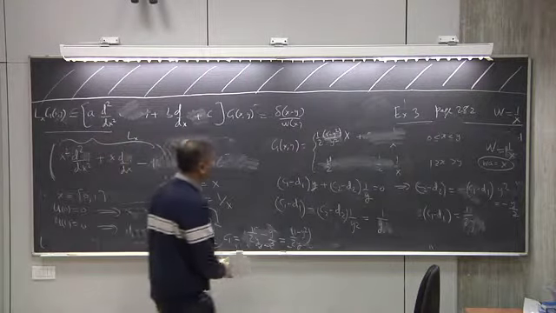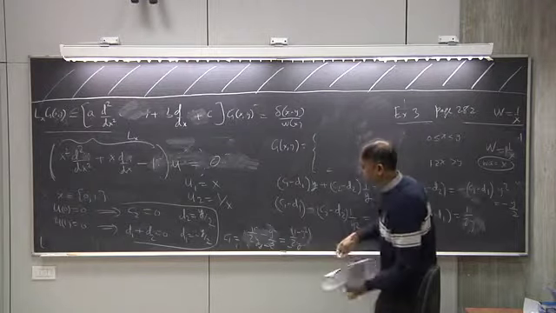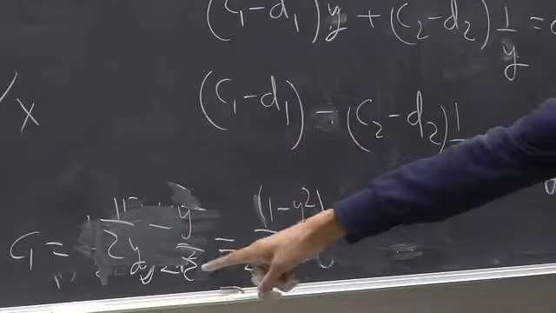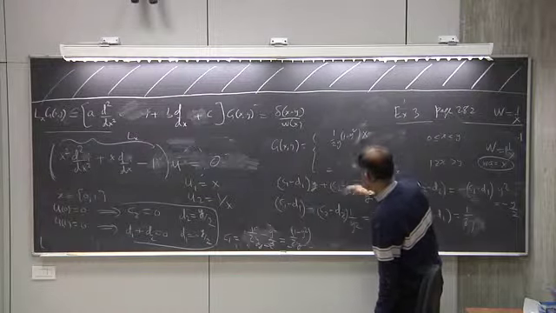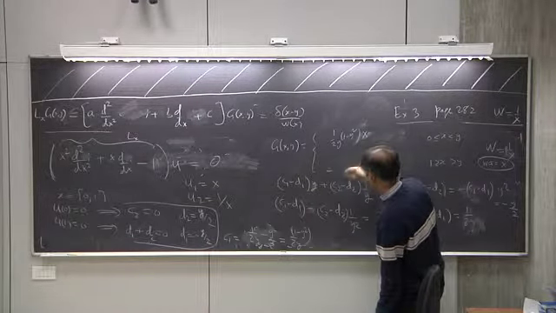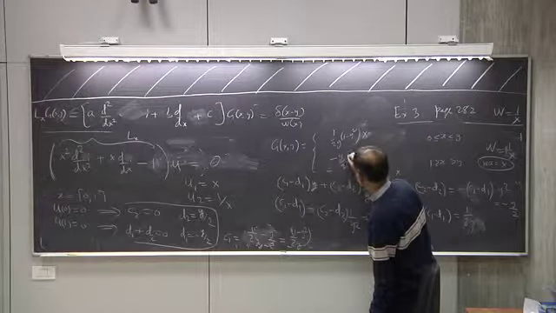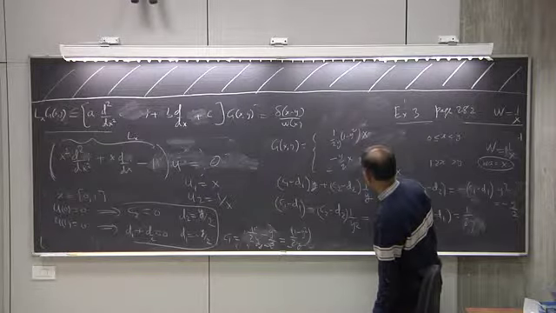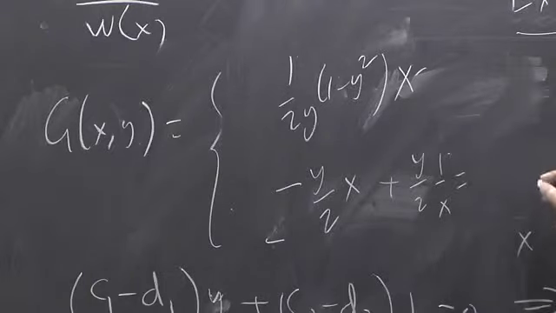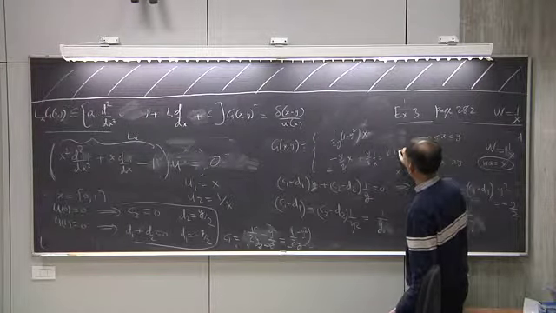So now let's go back here. C1 is that. So you get here 1 over 2y times 1 minus y square times x, because C2 is 0. And D1 is minus y by 2 times x, and D2 is plus y by 2 times 1 over x, which is the same as 1 over 2x times y, 1 minus x squared.